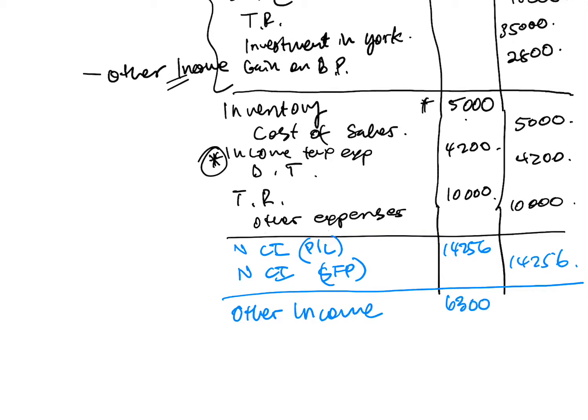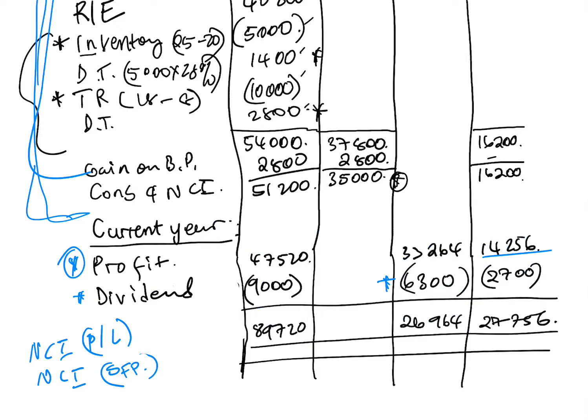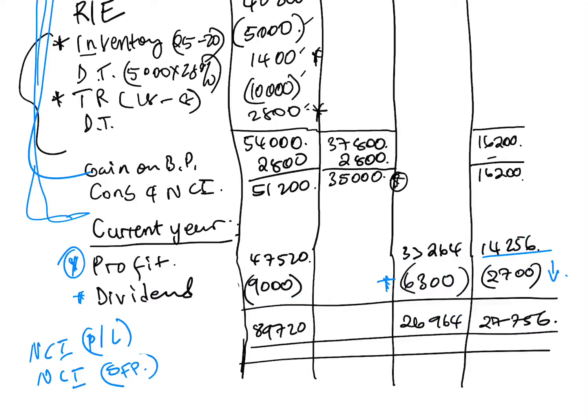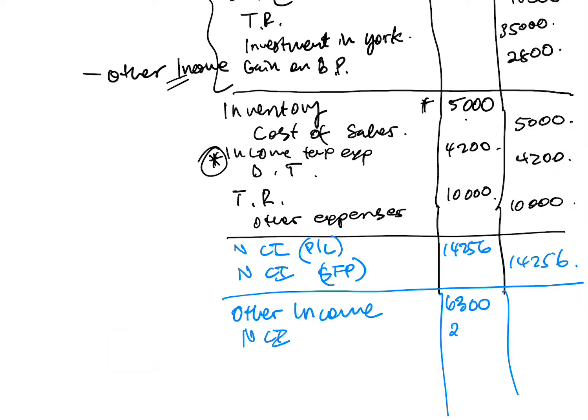Now, if you notice, our non-controlling interest has been reduced by 2,700 of that dividend. So I'm going to come and debit my non-controlling interest, which is 2.7. Then I credit my dividend paid, which is 9,000 in total.